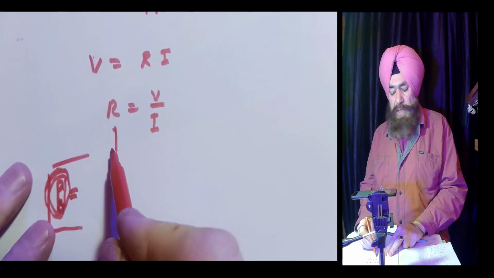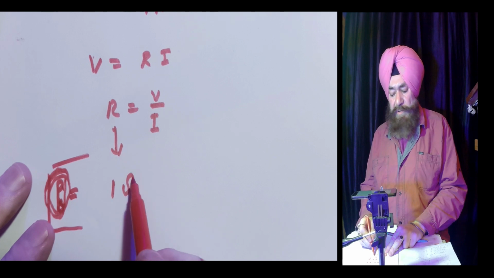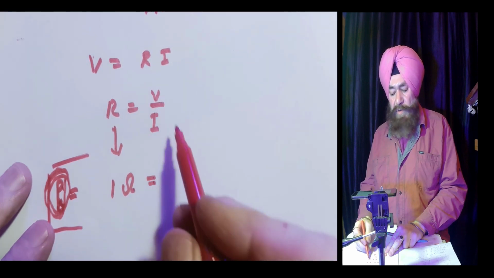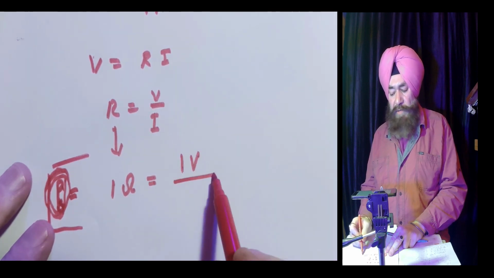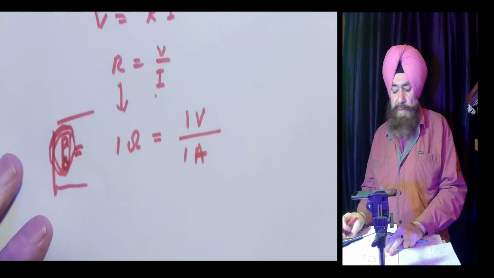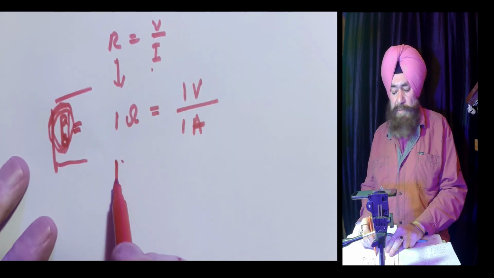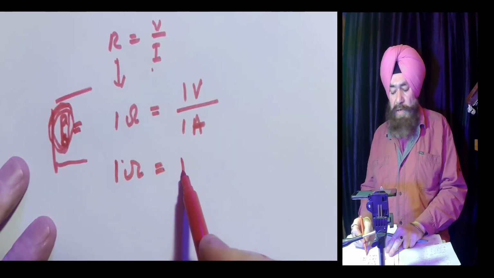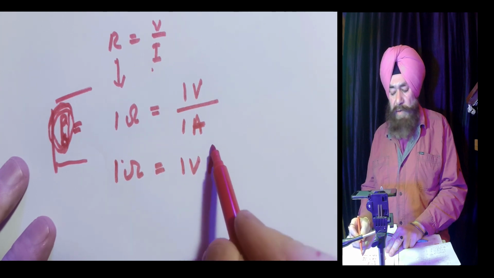So this resistance is measured in ohm, when potential is in volt and current is in ampere. So 1 ohm is 1 volt per ampere.